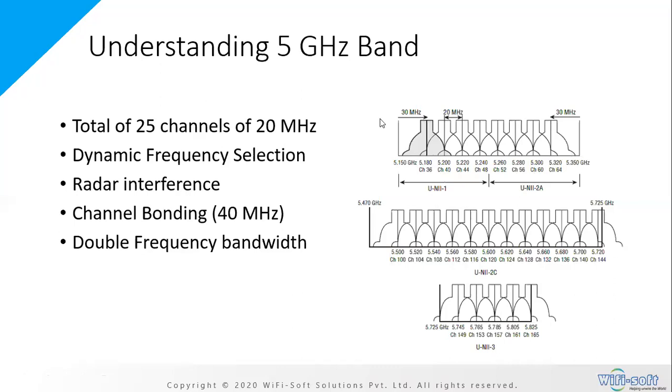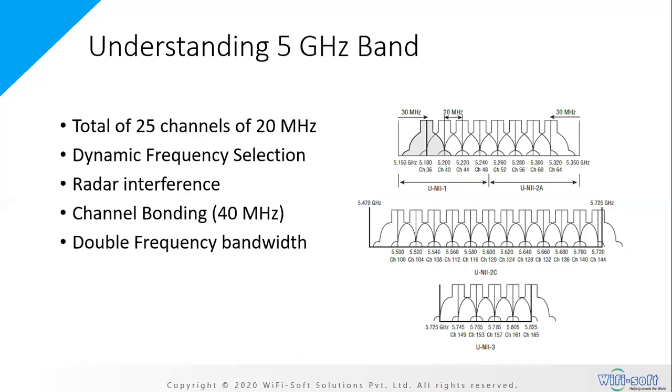Here you have a 20 megahertz difference. If you are creating a channel which has a 20 megahertz length, you can create many channels here. This is why people, when they talk about the 5 gigahertz band, say it gives you more bandwidth compared to 2.4 gigahertz.